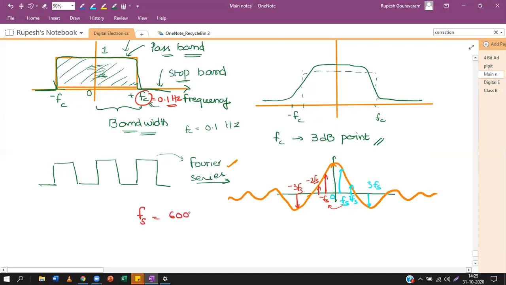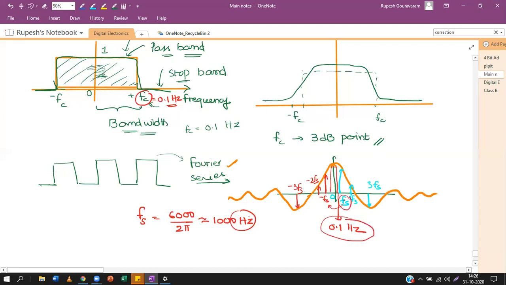Fs, we have seen it as 6000 by 2 pi, which is approximately 1000 hertz. And because the cutoff frequency is very small, it falls somewhere here, that is 0.1 hertz. So 0.1 hertz is the limiting value.